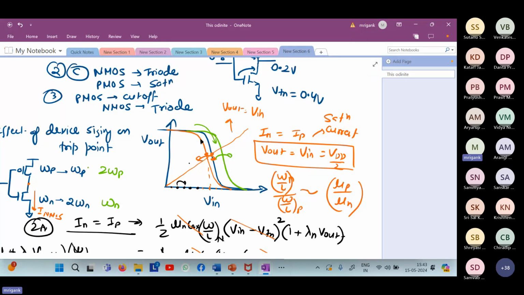So if we are sizing the NMOS up, then the trip point is going to go down. If you are sizing the PMOS up, the trip point is going to go up. That part conceptually we should know. And then in order to set the trip point equal to VDD by 2, this is the process: ID equal to IP equal to IN, saturation region current equation, V out equal to V in equal to VDD by 2.